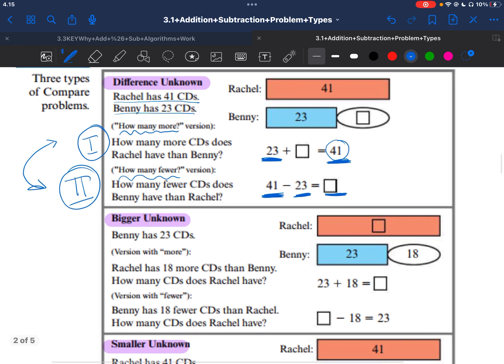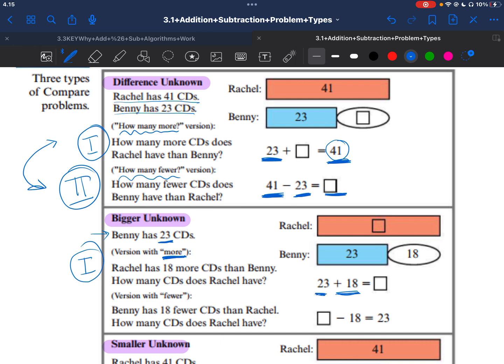All right, so the bigger unknown, they only give us the information that Benny has 23 CDs, right? So version 1 says we want to use the word more. It says Rachel has 18 more CDs than Benny. So we know from the beginning that Benny has 23, so we add 18 to that 23.